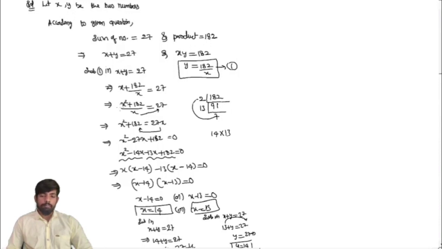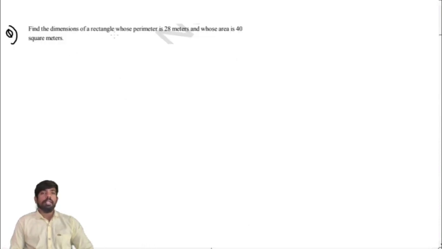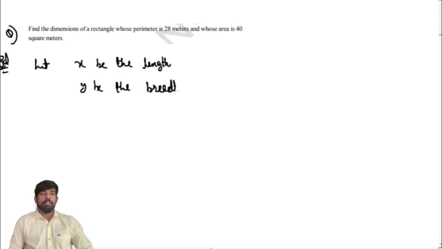That's all. Okay. Find the dimensions of the rectangle whose perimeter is 28 meters and whose area is 40. So what are the dimensions? Let x be the length of the rectangle and y be the breadth.